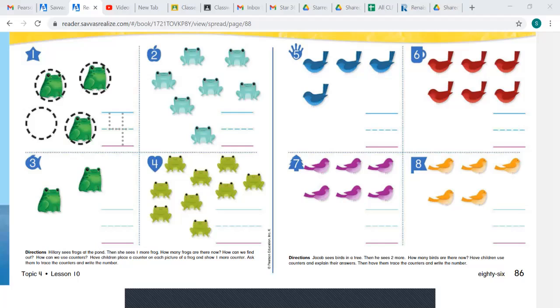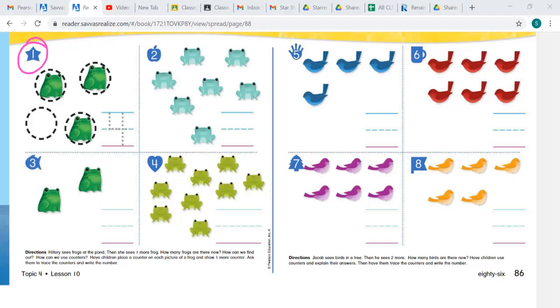How can we find out, and how can we use counters? So you're going to place a counter on each picture of a frog and show one more counter. Trace the counters and write the number. You're going to trace the first number and then you're going to write the numbers in.